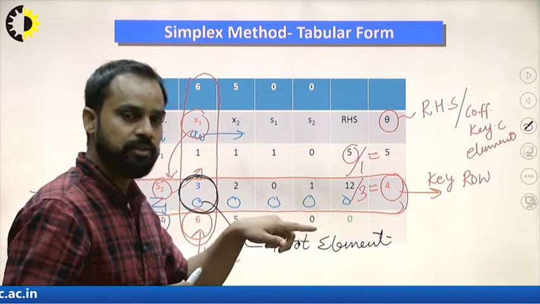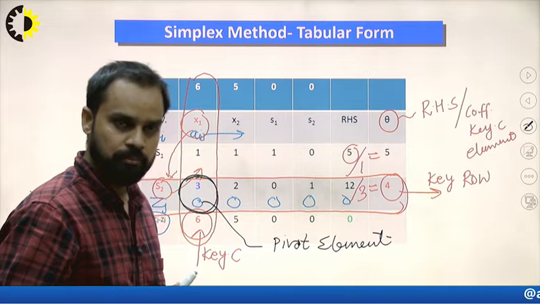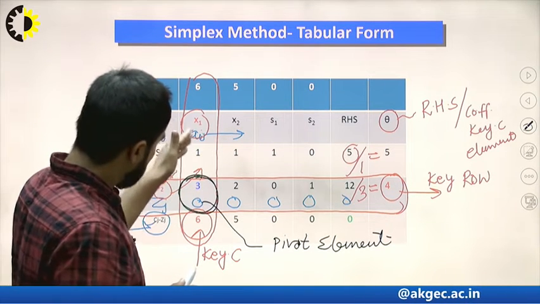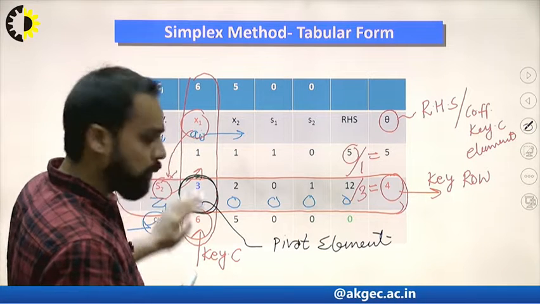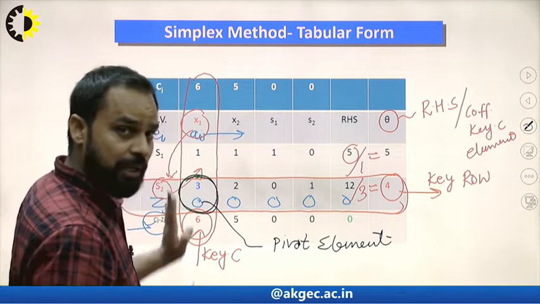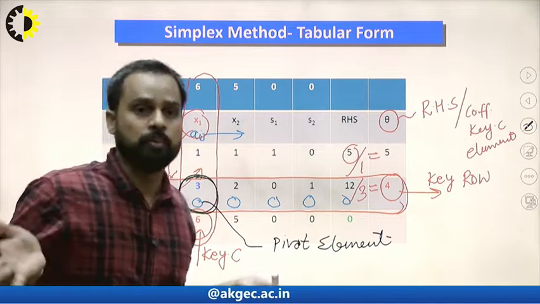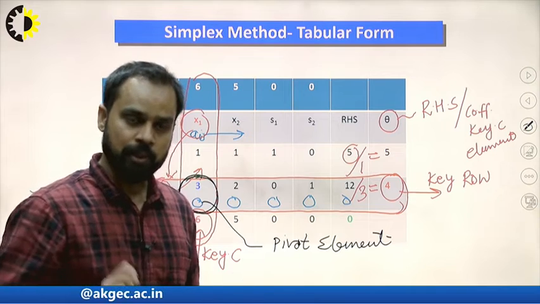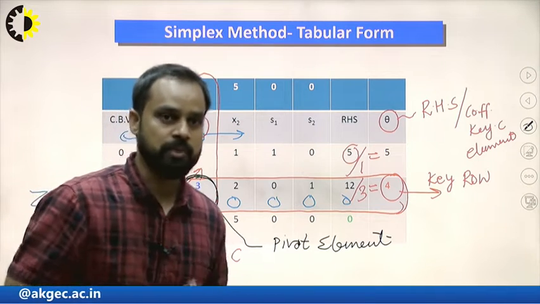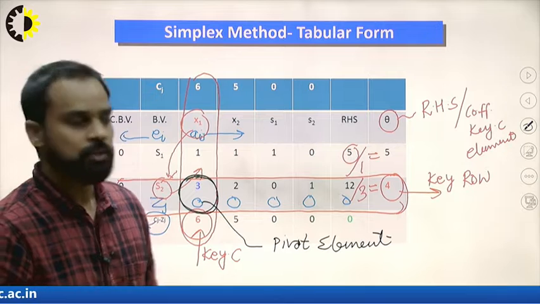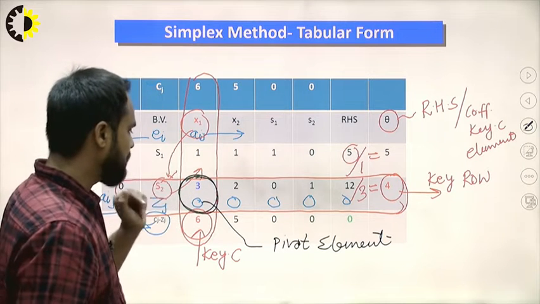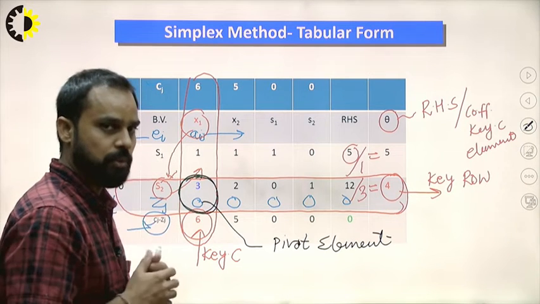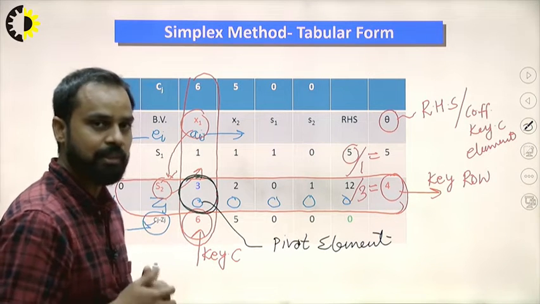So that in the next iteration the pivot element becomes 1. The elements in the key column other than the pivot element must be 0. There is only one other element in this column, which is 1, so we have to make it 0 in the next iteration by applying the matrix operation.